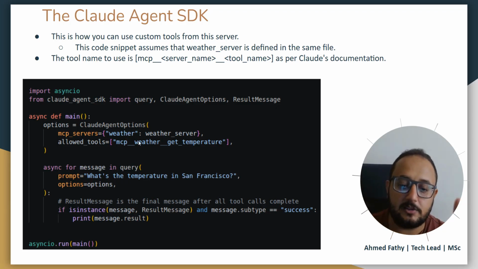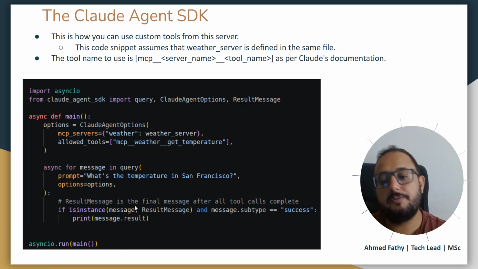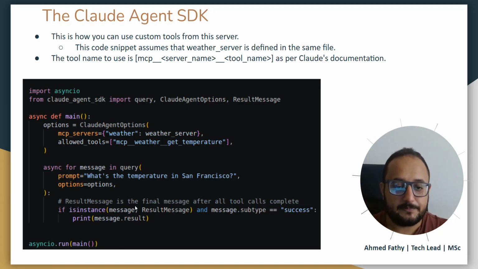So you have mcp_weather, so it already knows that this is the MCP server, and then this is the specific tool. So this is an allowed tool. And then async for message in query. Query is the most important function here. You can give it the options, which have allowed tools, and then ask, what is the temperature in San Francisco, and then you can print the message. So this is how you define a custom tool.